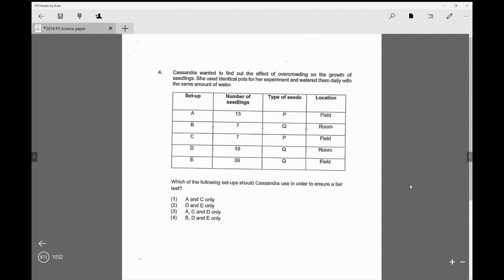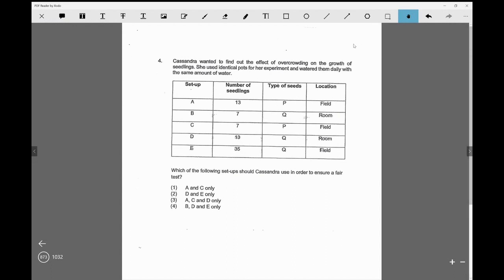Okay. If you have been paying attention, you should remember I've always told you in an experiment, all variables, meaning things that are involved in an experiment, must be the same except for what you are testing as well as your results. So I'm gonna write it again for those of you who are still not familiar.